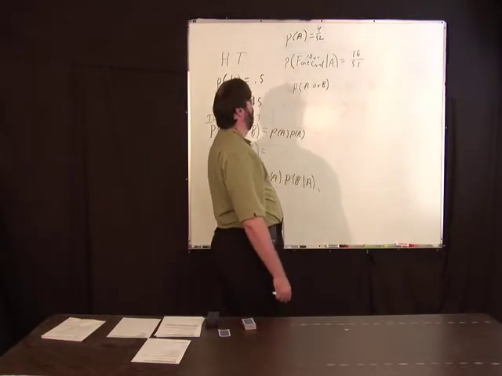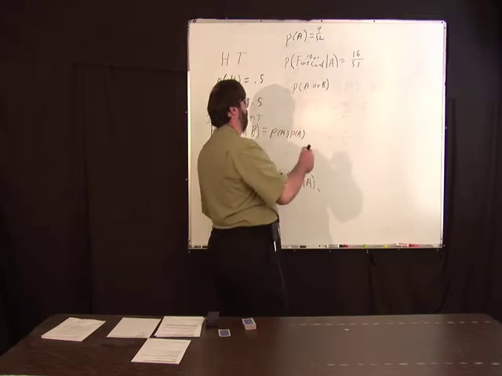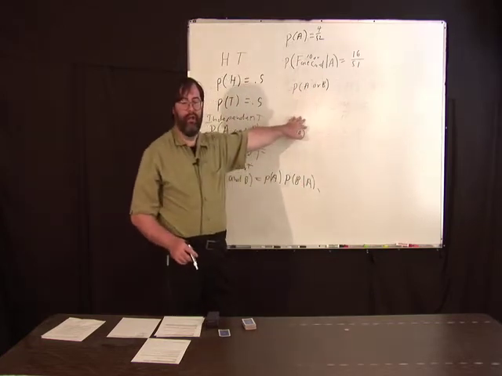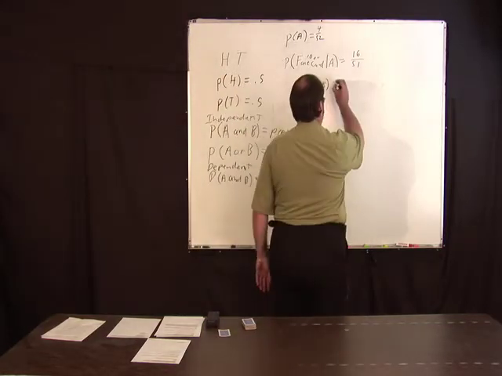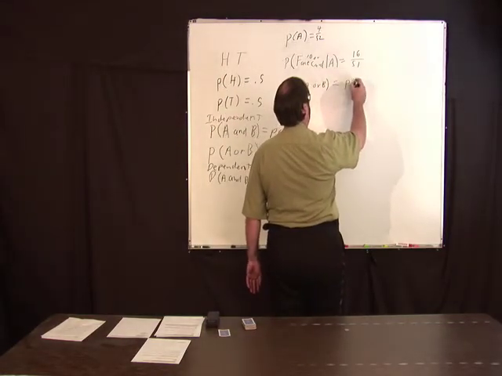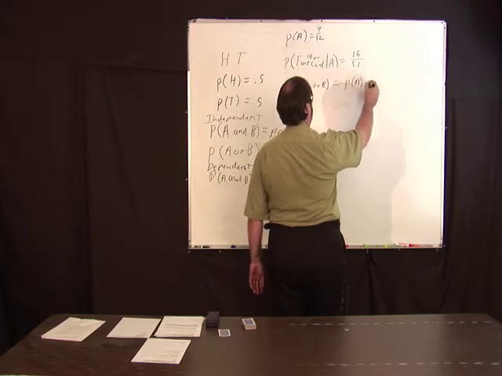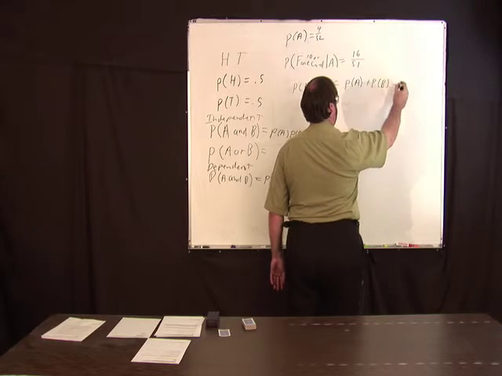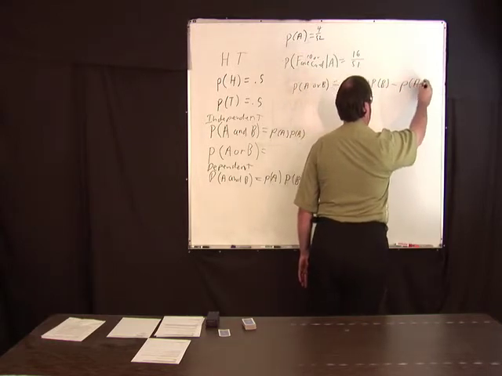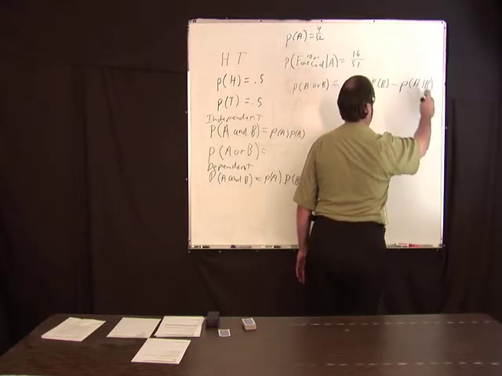Well, it depends in a way, because they're not mutually exclusive. You can draw first the ace of spades. So the probability of A or B is the probability of A, in this case, plus the probability of B, minus the probability of A and B, or sorry, B given A.